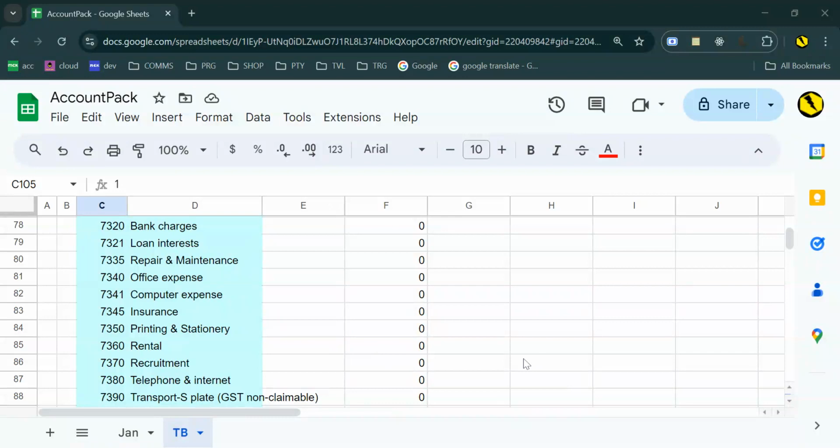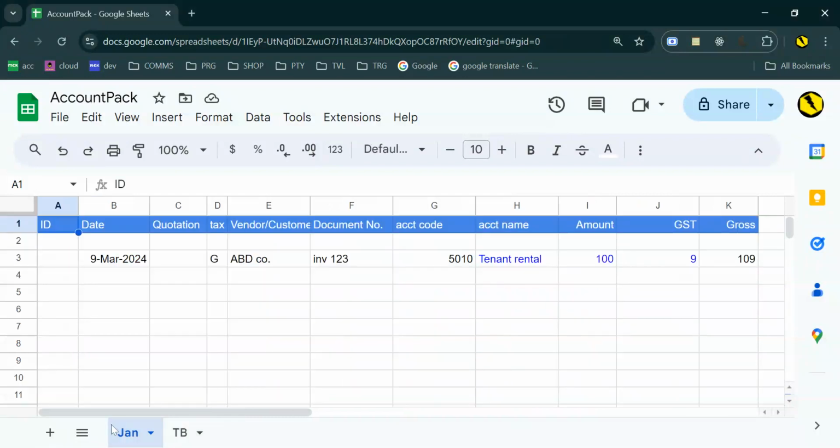Alright then. So after creating this GST column, you realize these three columns are part of your accounting data, right?